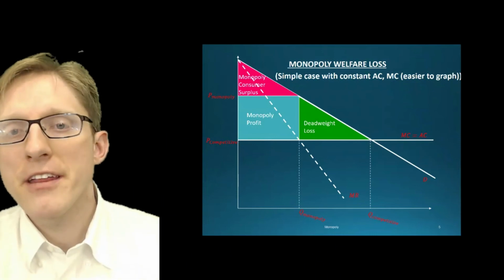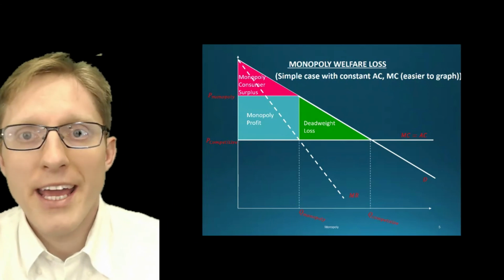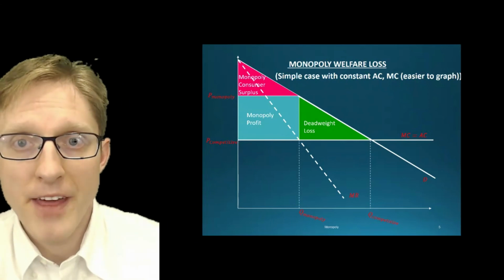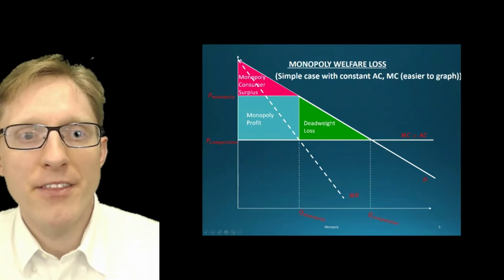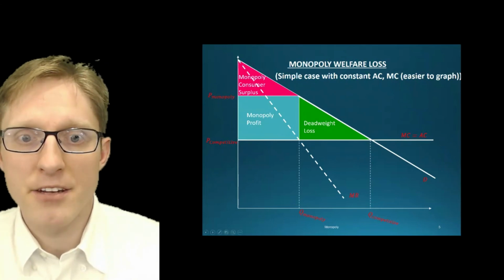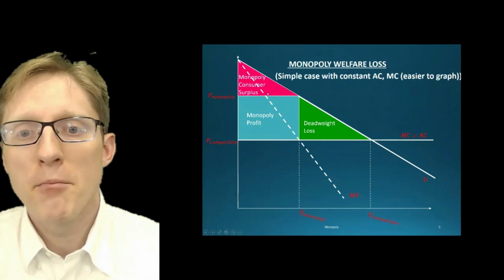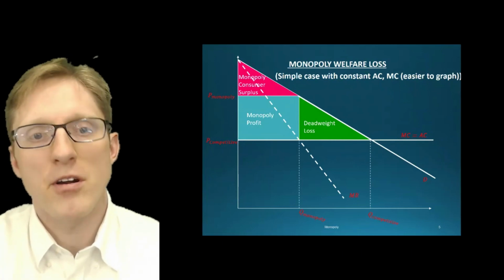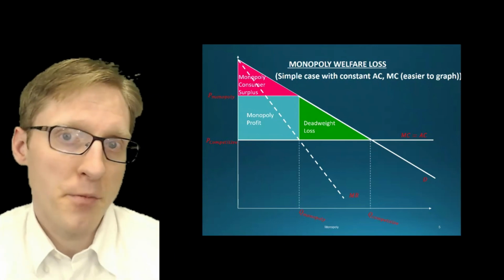So clearly, the sum of the consumer surplus and profits is lower in a monopoly market than it is in a perfectly competitive market. In a perfectly competitive market, the sum of the profits and consumer surplus is the entire area, including all three of these different shaded regions, below the inverse demand curve and above the marginal cost curve. Okay. Now, of course, the firm isn't earning any of these, but we're looking at the total surplus.